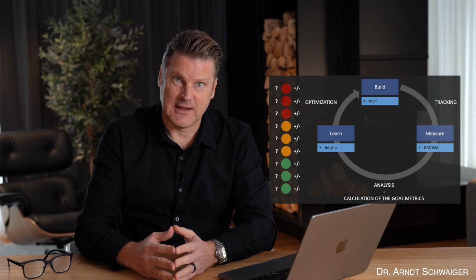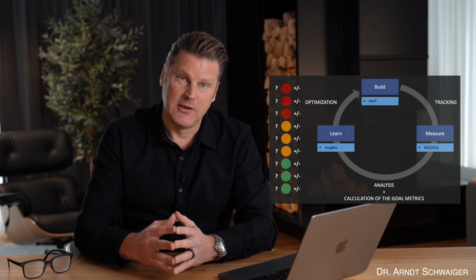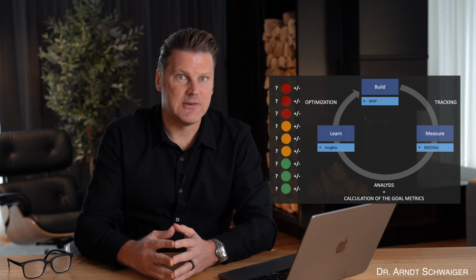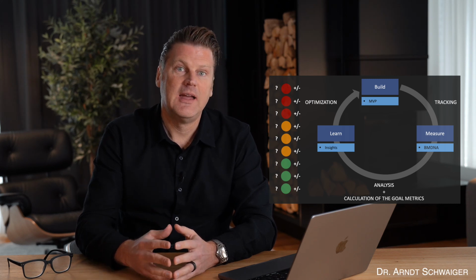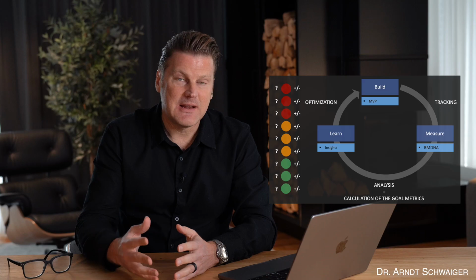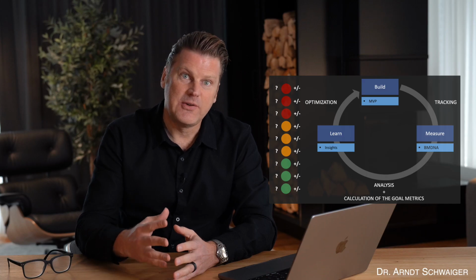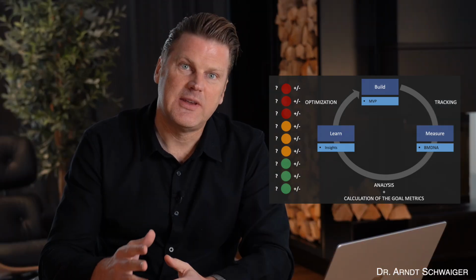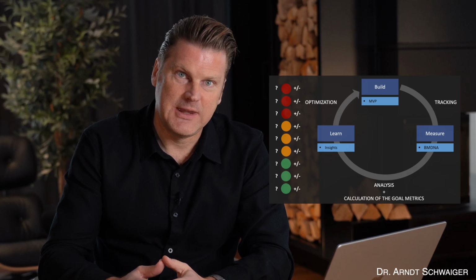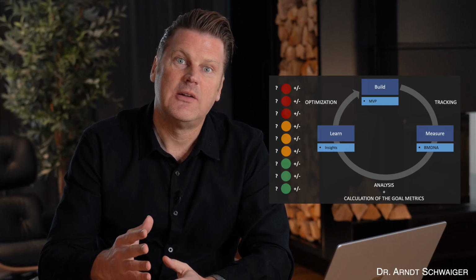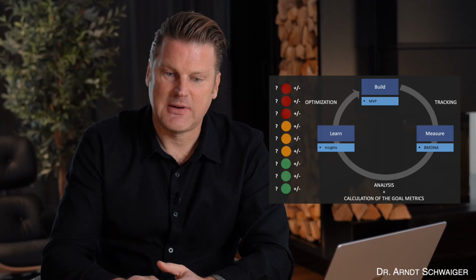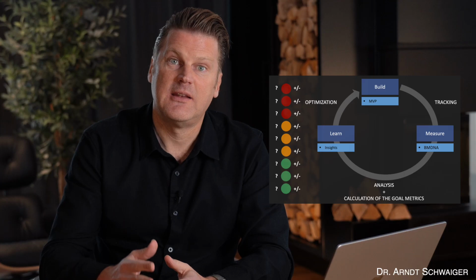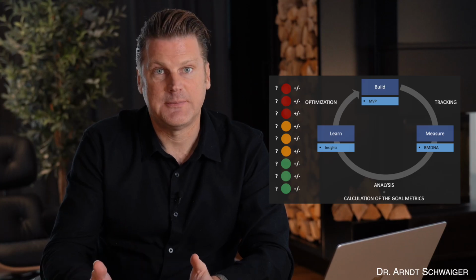What does this mean exactly? This means ideally you find the values of your key metrics. Remember, the key metrics have the biggest impact on your goals. And then you try with some activities to improve the values of the key metrics. Because if you improve the values of your key metrics, you are normally reaching your goals faster because these metrics are increasing or improving the goal metrics the fastest because they have the biggest impact.